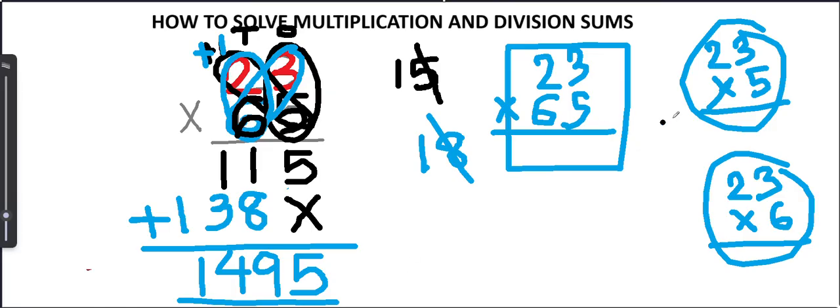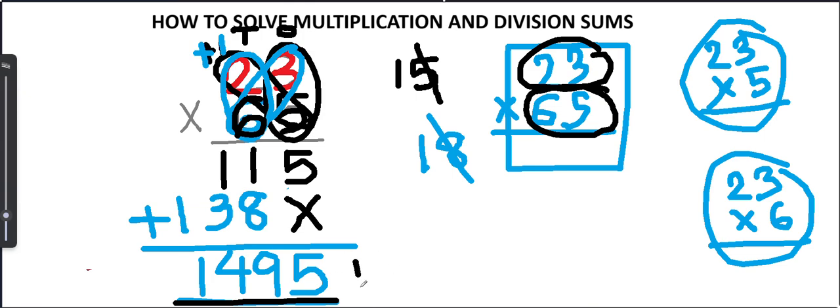Oh, before I forget this, you have learned in the previous chapter about the factors and the product. So what are the factors over here? 23 and 65 are the factors. That means the numbers which are getting multiplied. What is the product? The product is 1495.